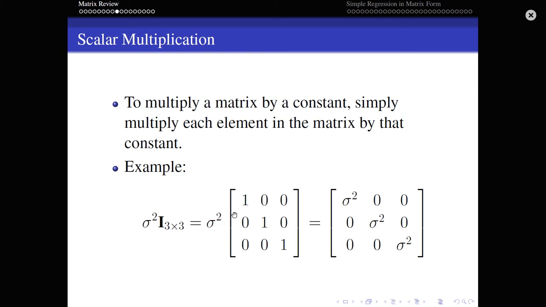All we do is we multiply each of the elements in the matrix by that scalar. So sigma squared times 1, sigma squared times 0, sigma squared times 0, and then the result is that multiplication. Now anything times 0 is just 0, but sigma squared times 1 leaves me with sigma squared. So this matrix will look like sigma squared on all of the diagonals.